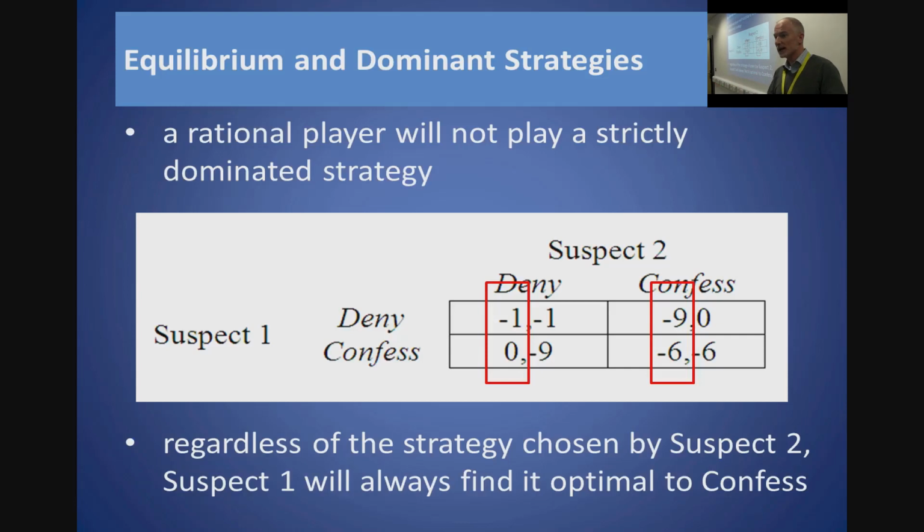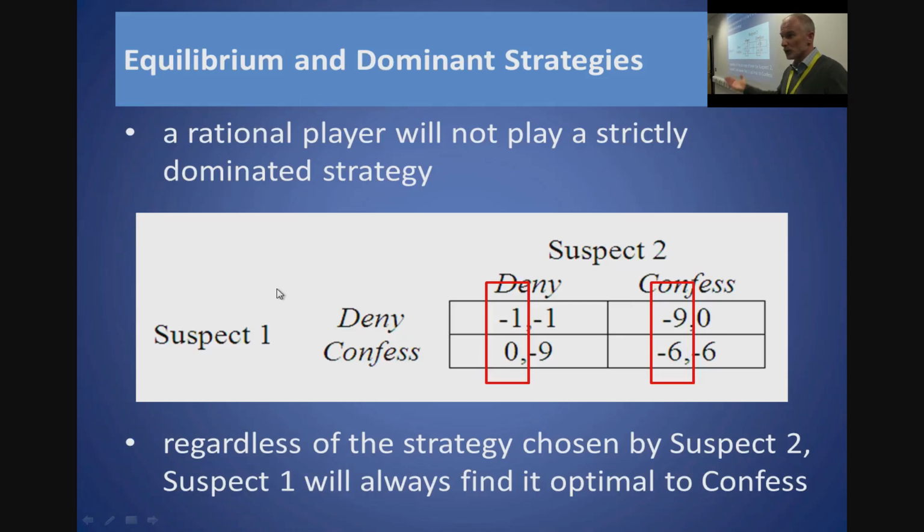Or, put it another way, what we've said is that deny is strictly dominated by confess. Deny always gives an inferior payoff, always gives an inferior outcome. And so, a rational player will never choose to play a strictly dominated strategy, will never choose to play deny.